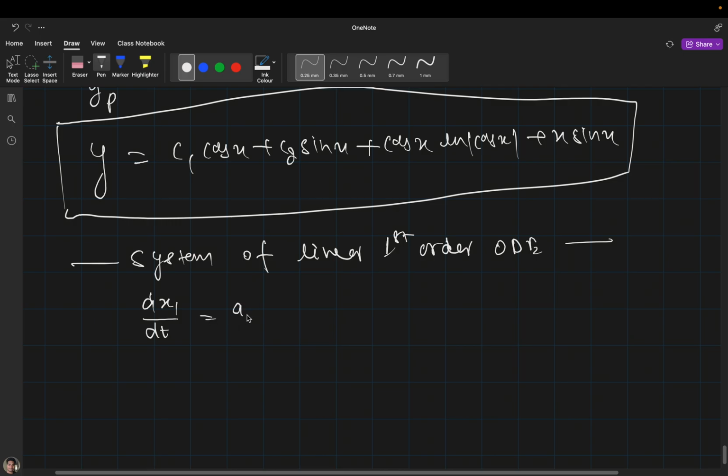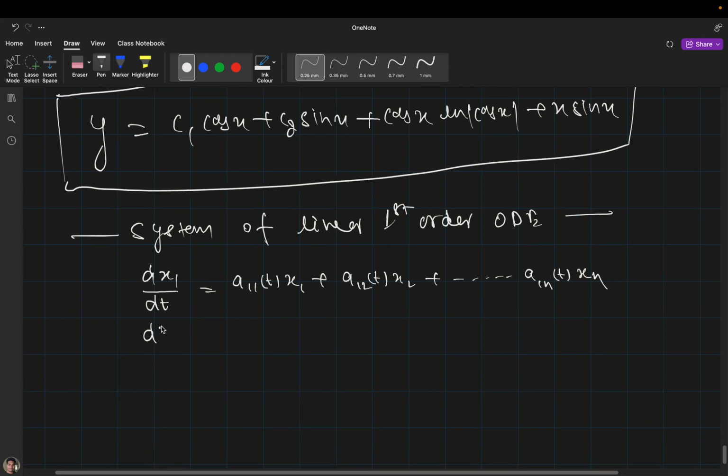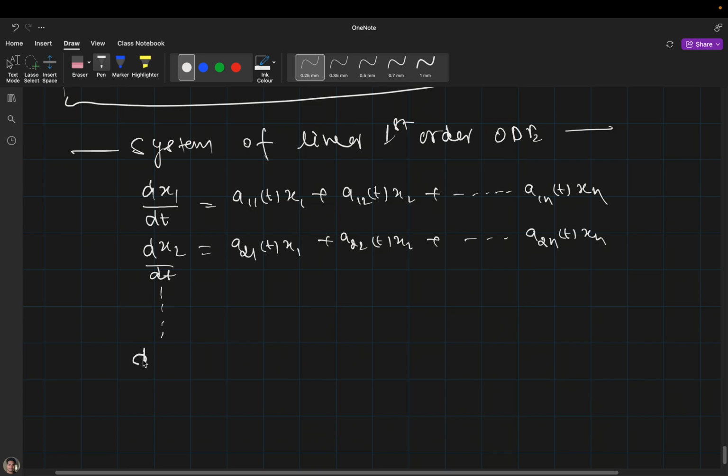This is the first equation, and the second equation is, and the nth derivative is something like this.